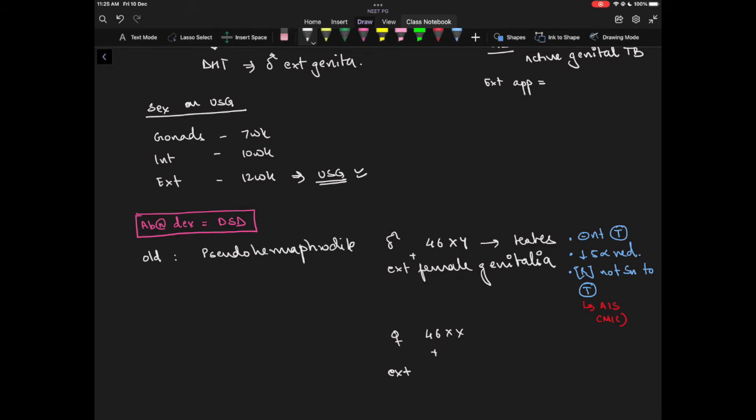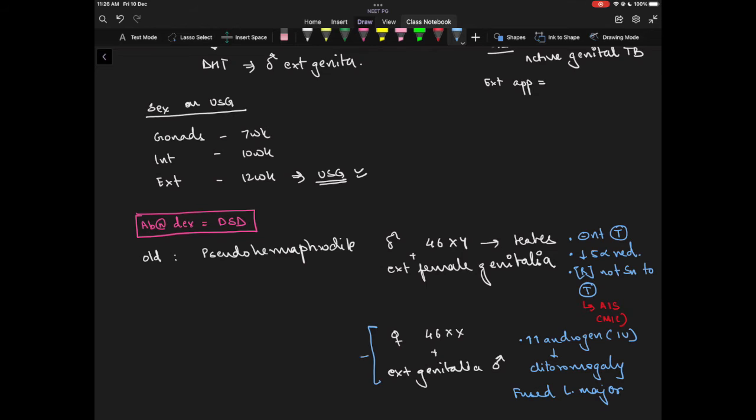Talking about female, again the karyotype will be 46XX, but the external genitalia will resemble that of male due to increased androgenic exposure in the intrauterine life. This causes clitoromegaly, the enlargement of clitoris, and the fusion of labia majora.